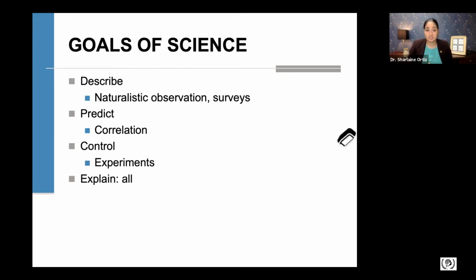So there's multiple ways to do that. For example, in social sciences or in other sciences, our counterparts in the hard sciences, we can use different methods. So for example, if we were trying to say and describe a phenomena, we would like to conduct a naturalistic observation.